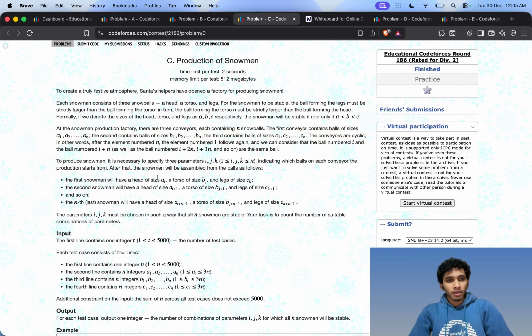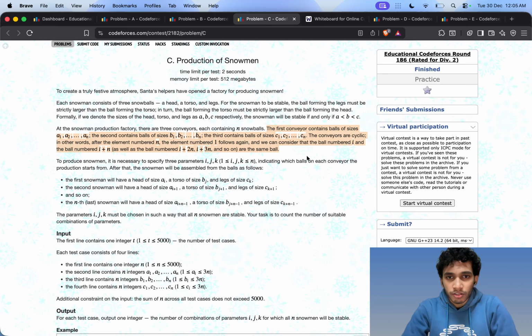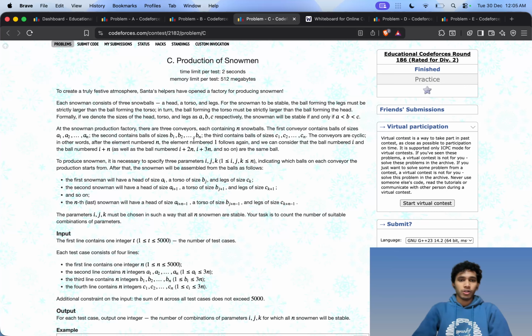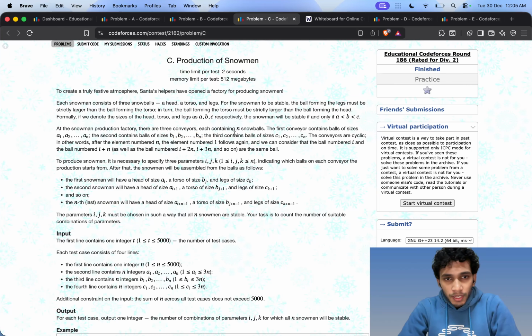At the snowman production factory, there are three conveyor belts, each consisting of n snowballs. The first conveyor belt consists of balls of size A1 up till An. Second consists of balls of size B1 up till Bn, and third consists of balls of size C1 up till Cn. The conveyors are cyclic.